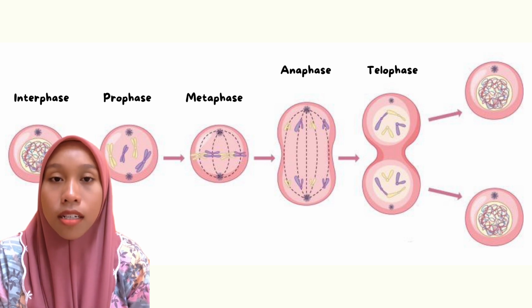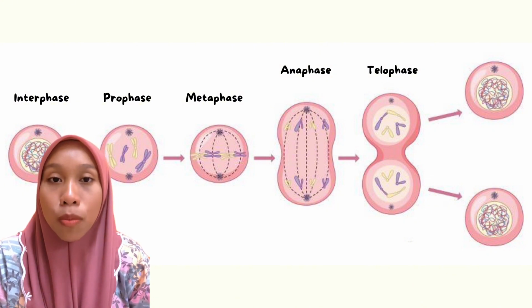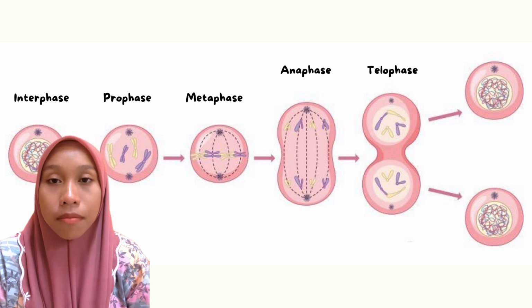The next stage is prophase. In prophase, the centrioles and asters are at opposite poles. The nucleolus and nuclear membrane have almost completely disappeared. In metaphase, the double chromosomes, with their centromeres attached to the spindle fibers, line up at mid-cell.